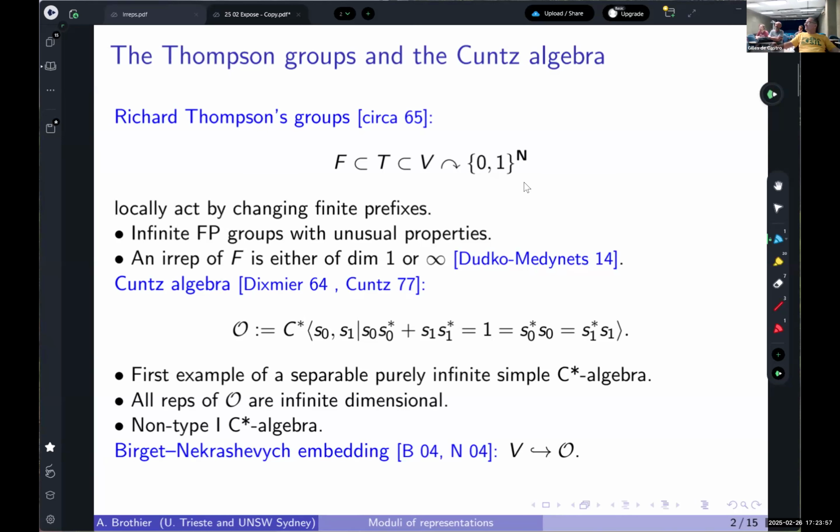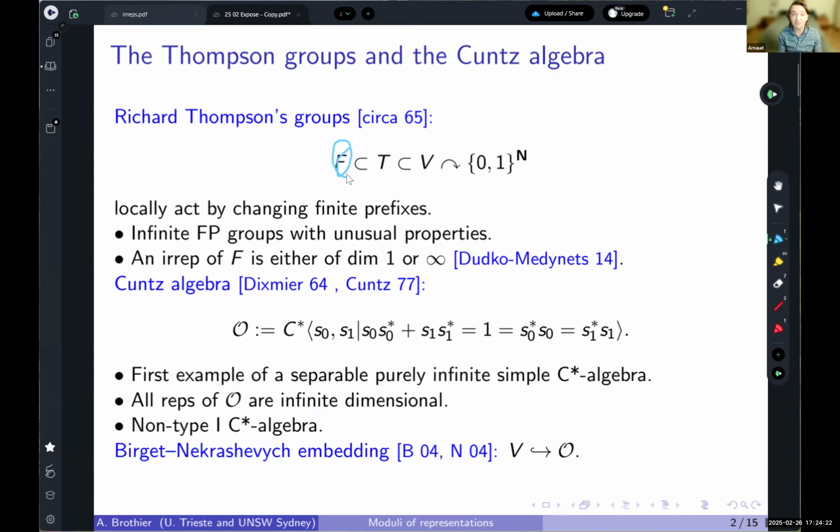Adam, you had a question. It's really amazing. Yes, I have a quick question. Could you repeat? So this conjecture is about T or V also? Oh yeah, thank you for asking. The conjecture about amenability is for F. For F. If it is amenable or not. Yeah. And for it, the answer is no?